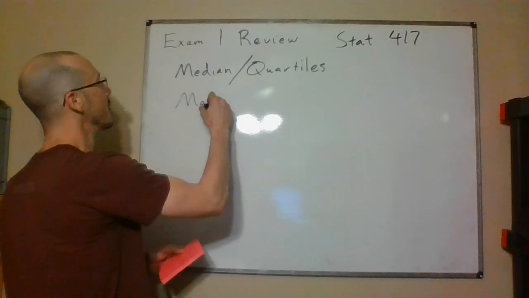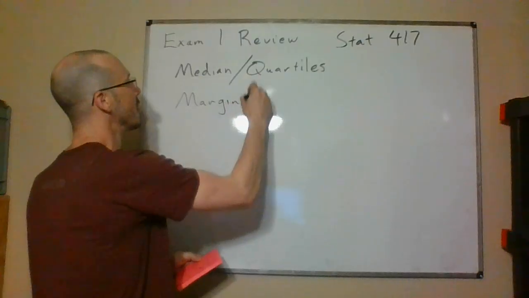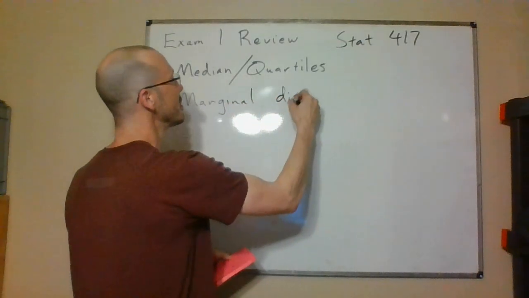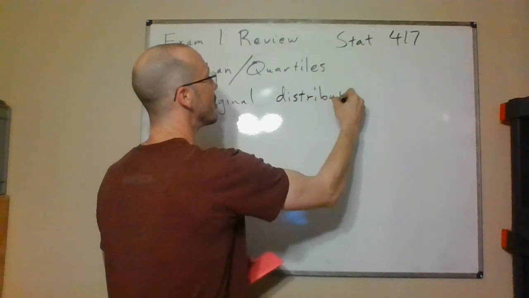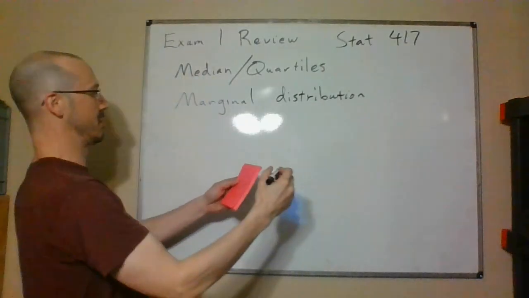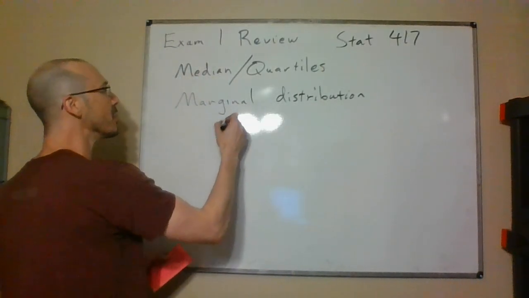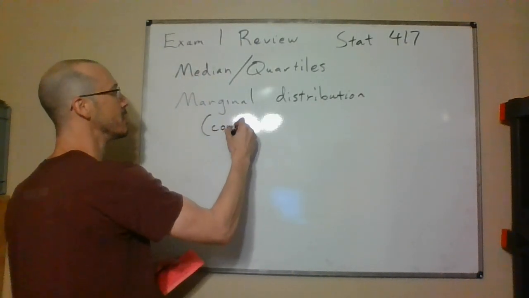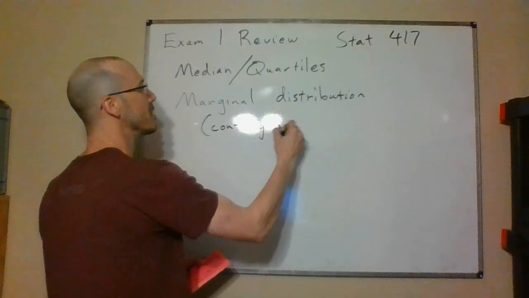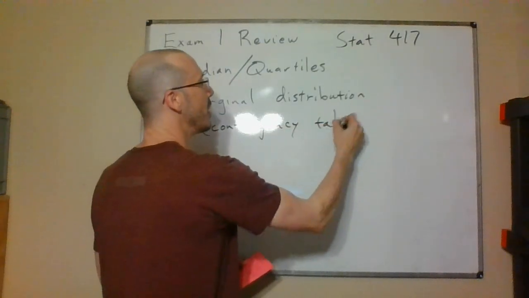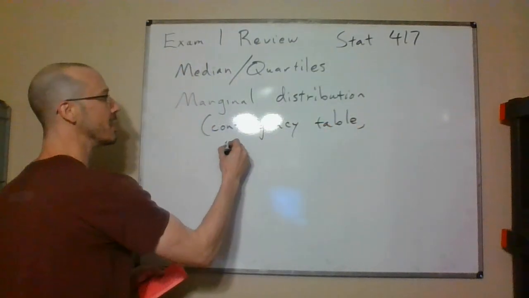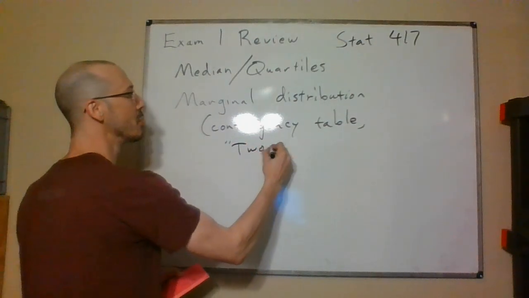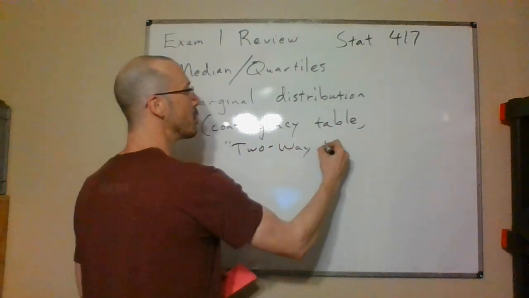The marginal distribution is, so I call it a contingency table, and the textbook calls it a two-way table.